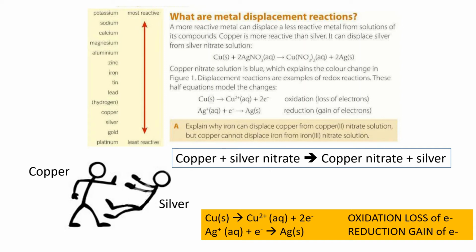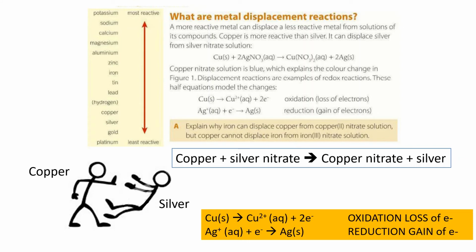If you have copper plus silver nitrate, the copper will displace the silver. So copper plus silver nitrate will produce copper nitrate plus silver. Because copper is more reactive than silver, the copper will attach itself to the nitrate, and the silver will be left behind. It will be precipitated out.